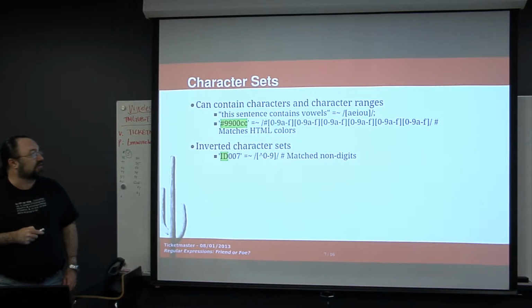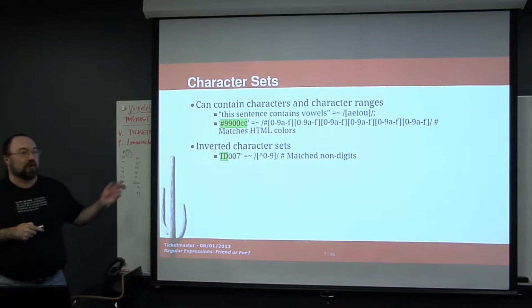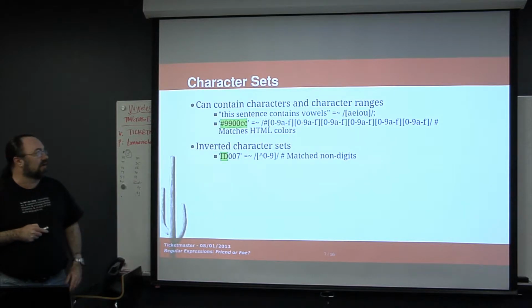So we've got 0 through 9, A through F. In this case, if these were capital C's, this would not match because I didn't put capital letters in here. If I wanted to, I could have put capital A through capital F, and then it would have matched lowercase and uppercase. There's also a flag that you can add that tells it to ignore case. That'll work as well. But in this case, I'm just trying to keep it simple.